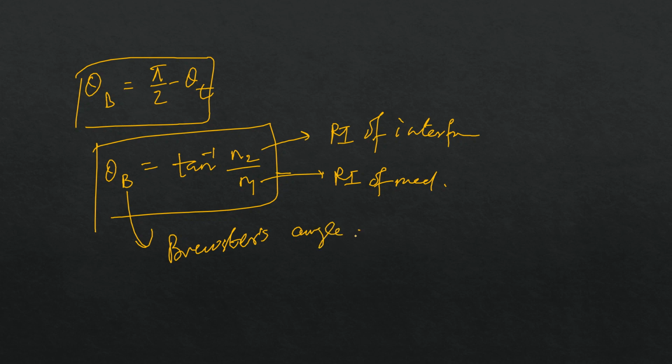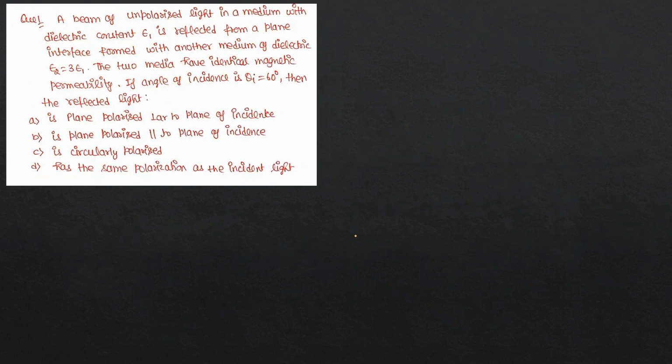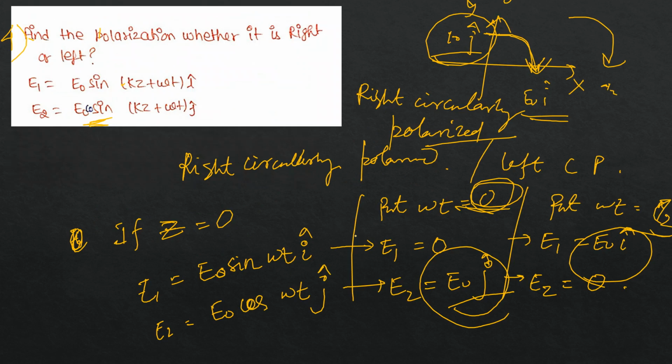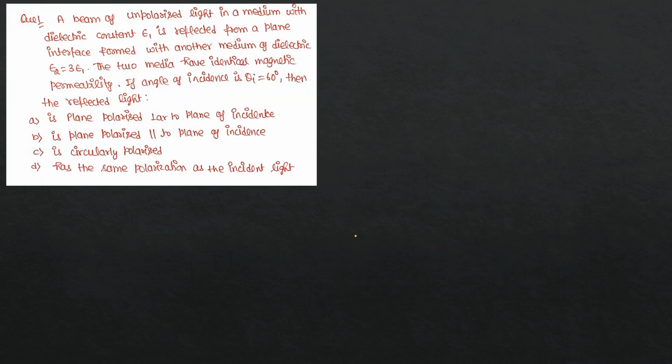Let's do some questions then. This is question number 5. A beam of unpolarized light in a medium with dielectric constant epsilon 1 is reflected from a plane interface formed with another medium of dielectric constant epsilon 2 equal to 3 epsilon 1.